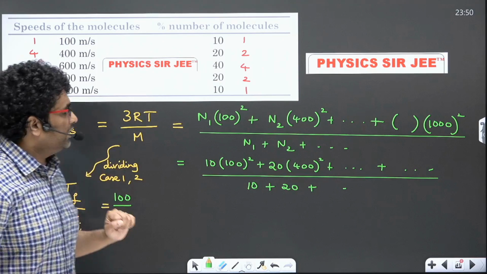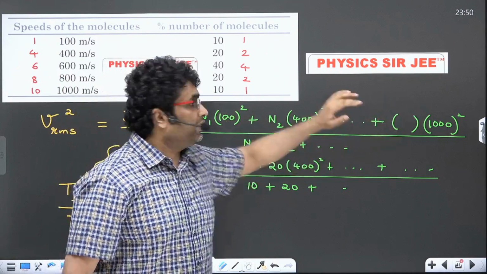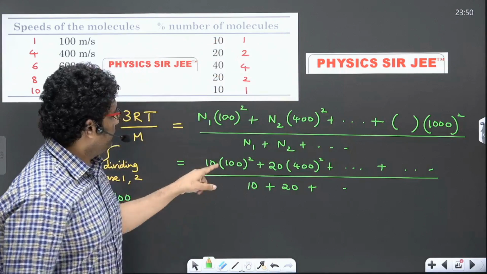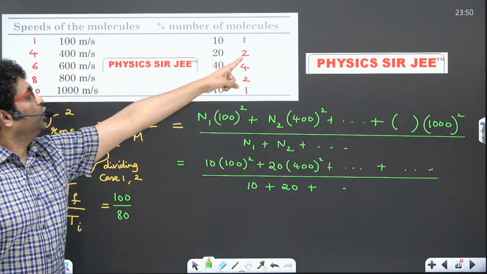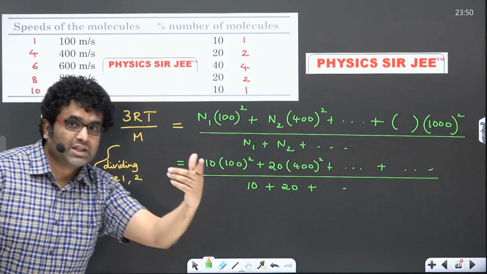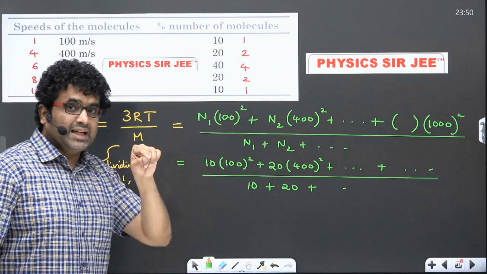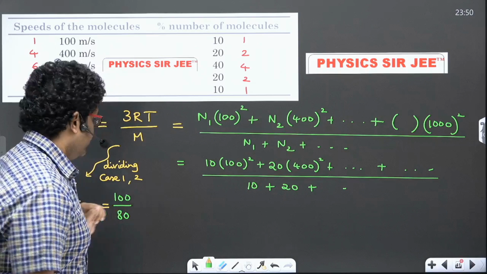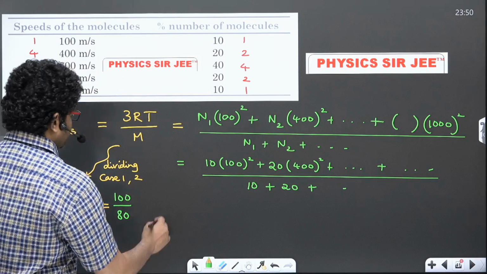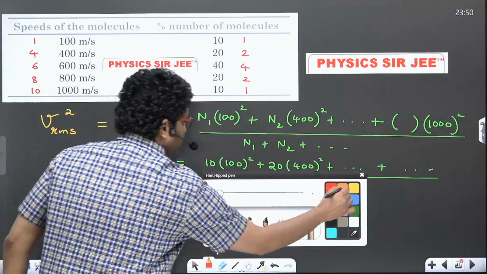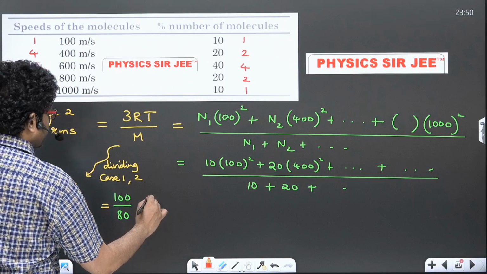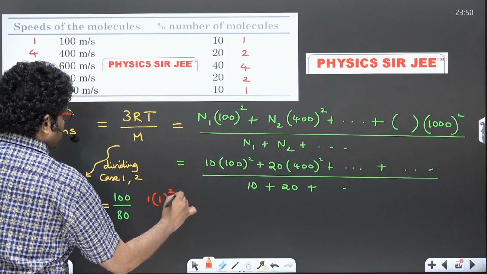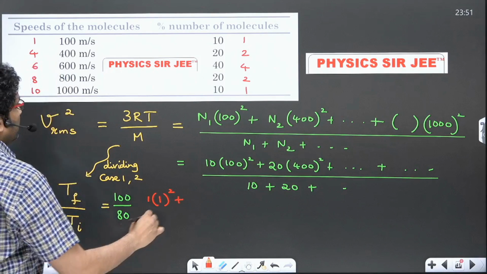Now in the numerator, instead of 10 into 100 square, it would be 1 into 1 square, 2 into 4 square. Those numbers I would be writing. And remember, it is the second case divided by the first case. So in those red colored numbers, I'll write 1 into 1 square plus 2 into 4 square.